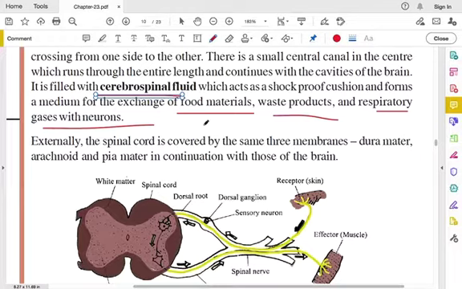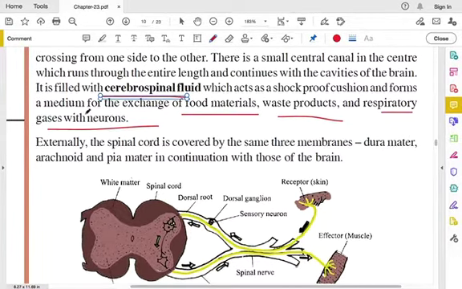For the neurons, the cerebrospinal fluid acts as the medium for this exchange.